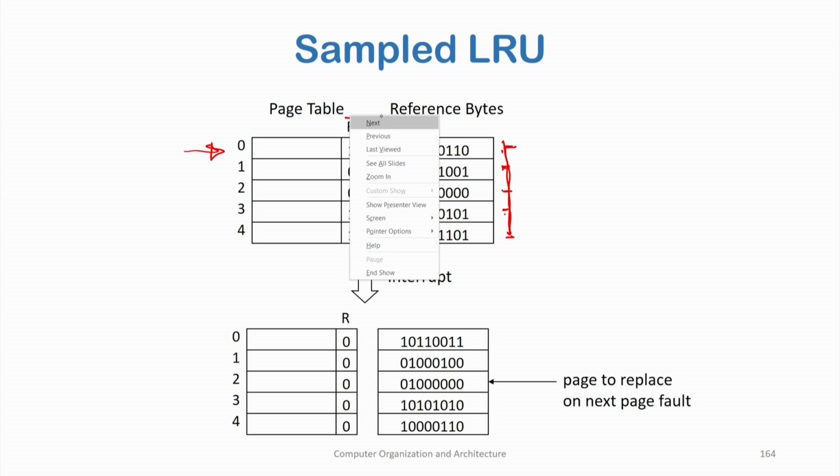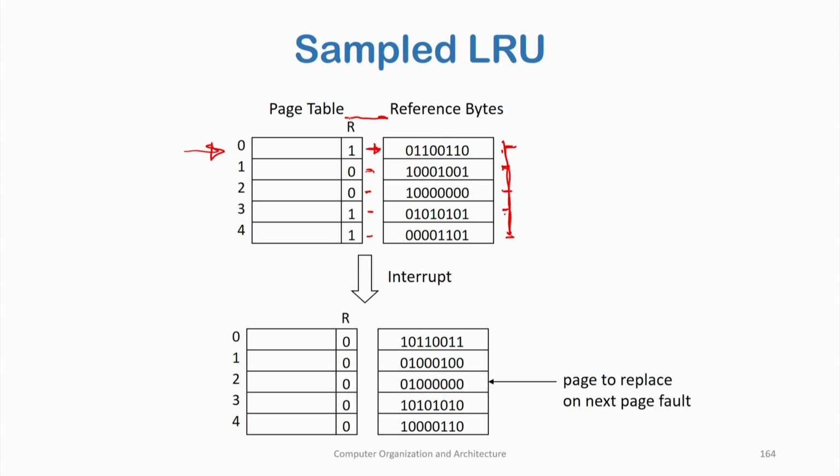I shift this bit from here to the MSB, and I discard these ones, I throw them off, and I bring these bits into the MSB. After this I zero down all the references. So, what I have done is I have taken the reference bits.